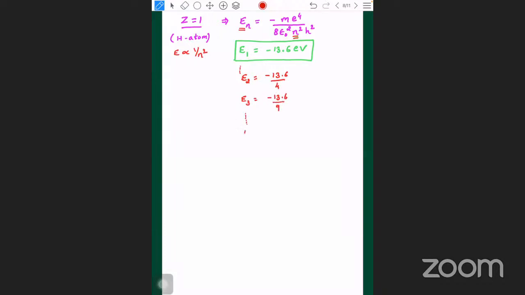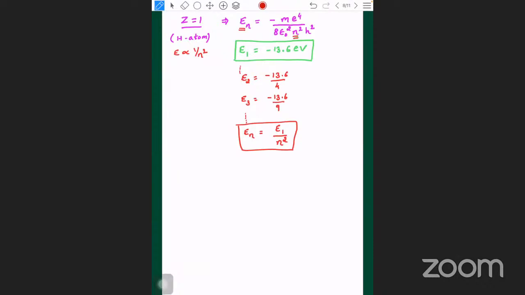So in general, the energy in the nth orbit is E1 divided by n squared.